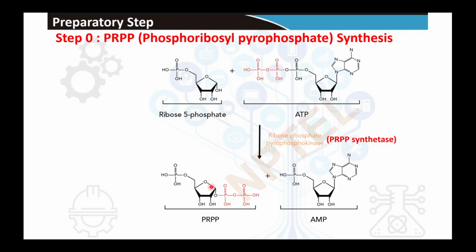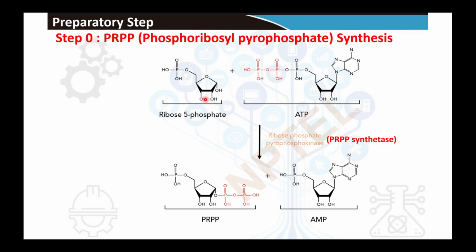Pyrophosphate is attached to the 1st carbon. So this you have to remember. It's not a ribose triphosphate or something. The phosphate groups are attached to different carbons. The first phosphate group is attached to the 5th carbon, so ribose 5-phosphate. And when the pyrophosphate from ATP is transferred, it becomes phosphoribosyl pyrophosphate.